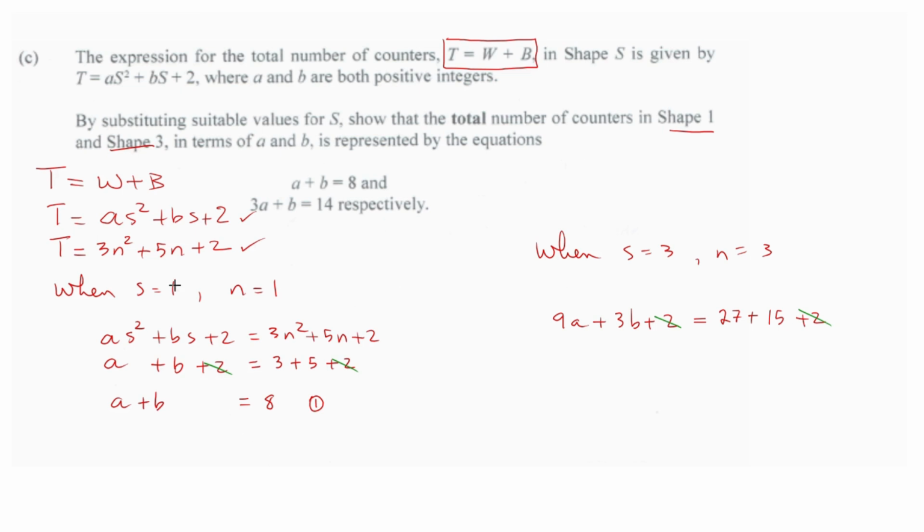So what we have is 9a plus 3b equals 15 and 27, that's 42. And here we can simplify this. If we divide through by 3, we have 3a plus b equals 14. And that's the second equation that we require.